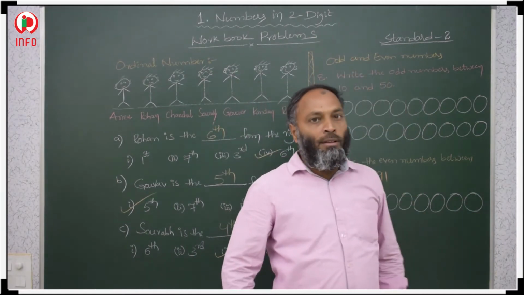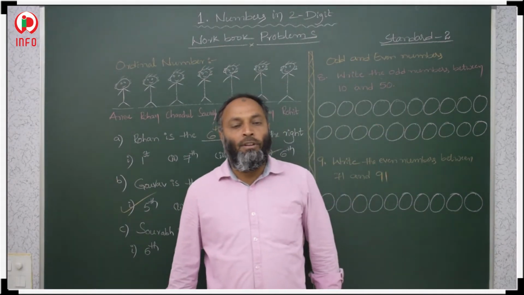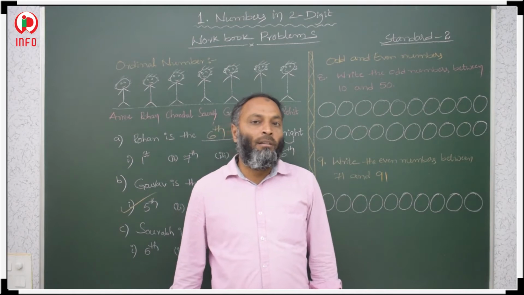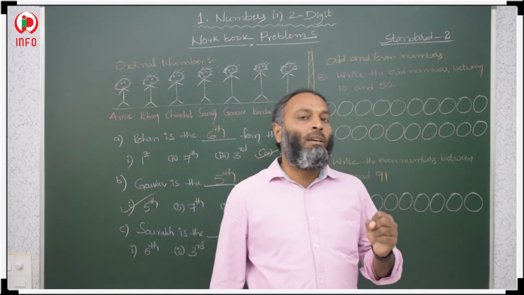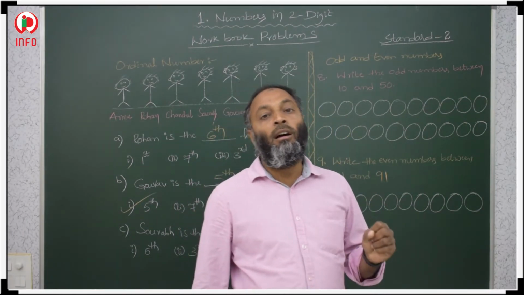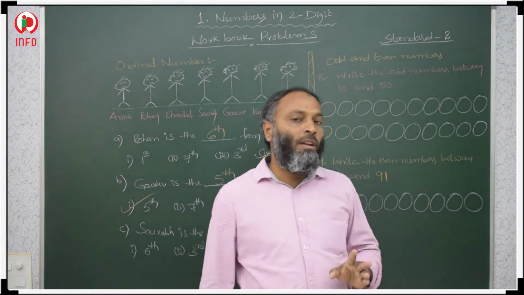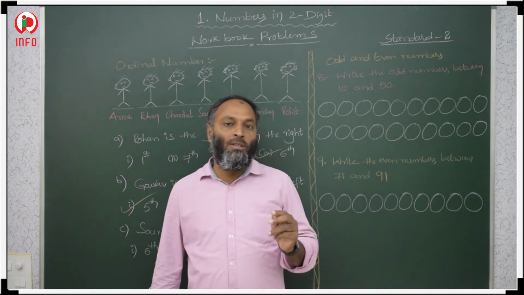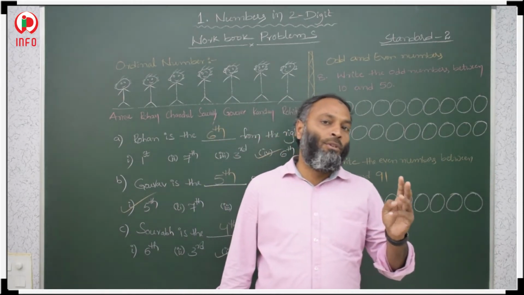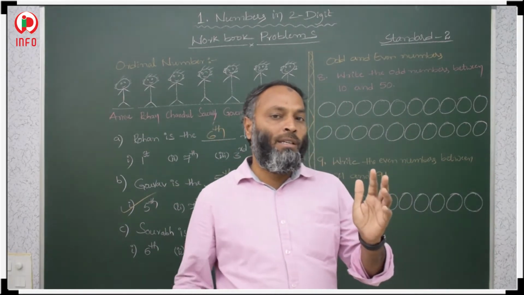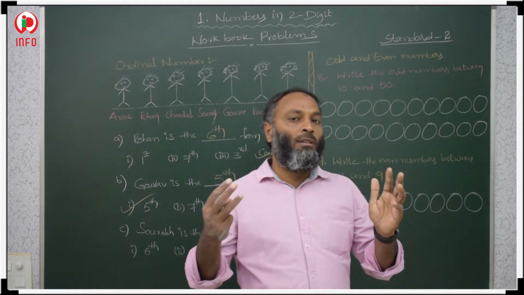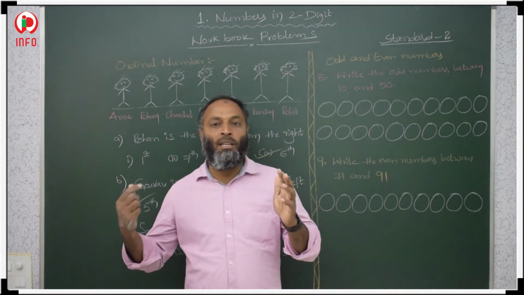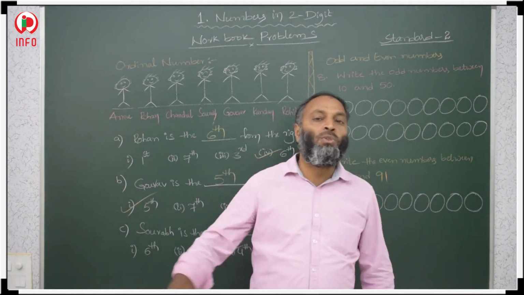Now, odd and even numbers. What are odd and even numbers? We know odd and even numbers. Even numbers are divisible by 2, and odd numbers are not divisible by 2. Even numbers are 0, 2, 4, 6, 8, 10, 12, 14, 16, 18, 20, and so on.